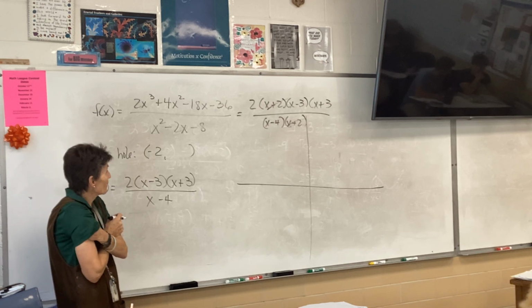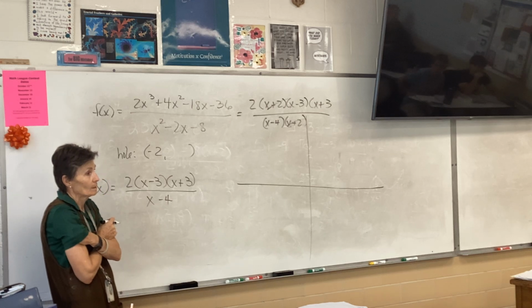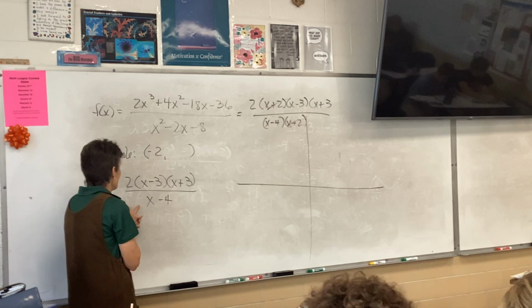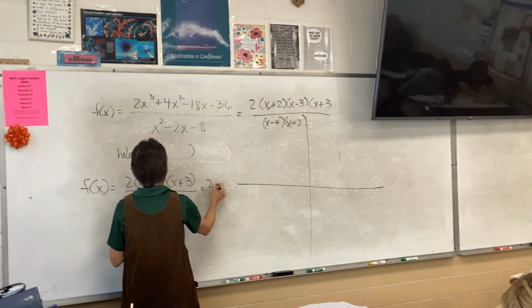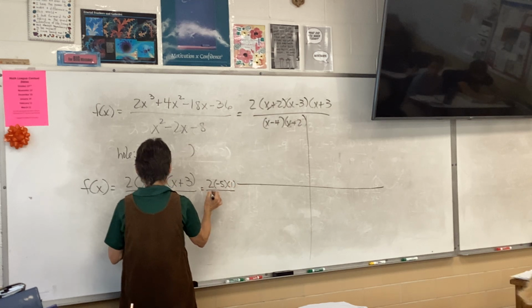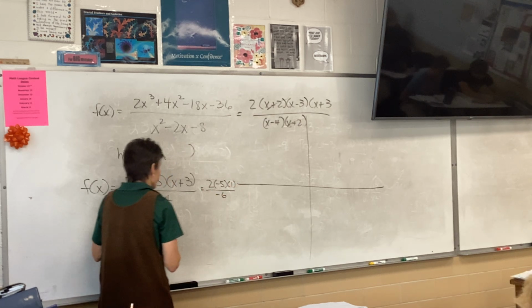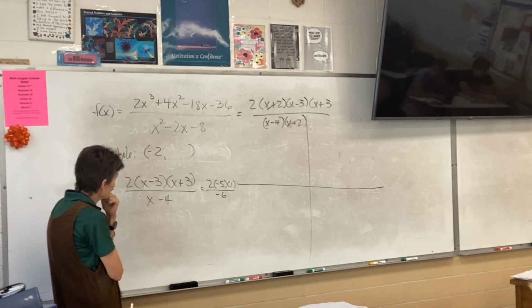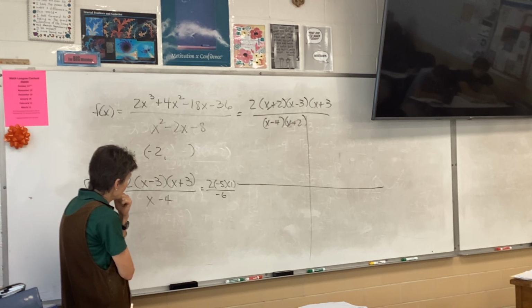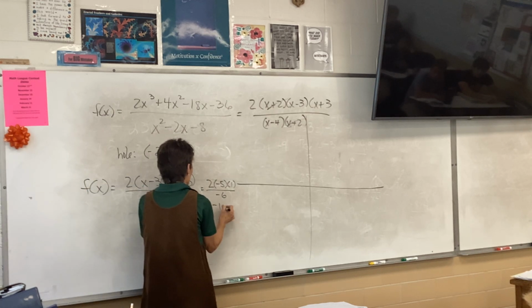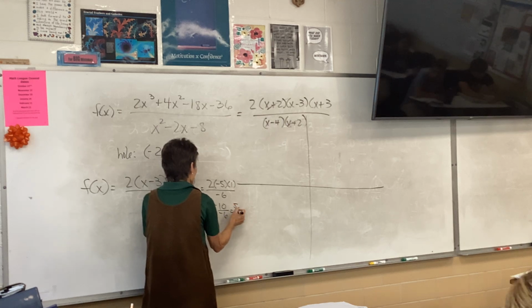So how do I figure out the rest of my hole? Plug in -2 right here. So that's gonna be 2, -5 and 1, and -6. How does that look? So is that positive? Yeah, so positive 5/3.